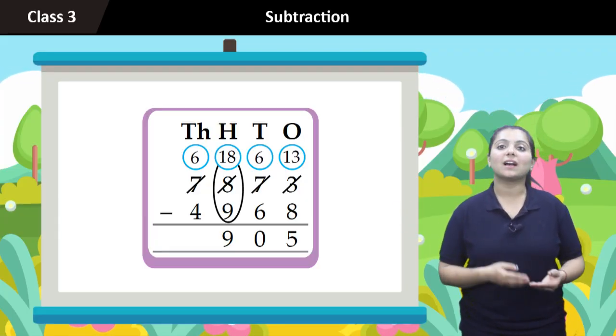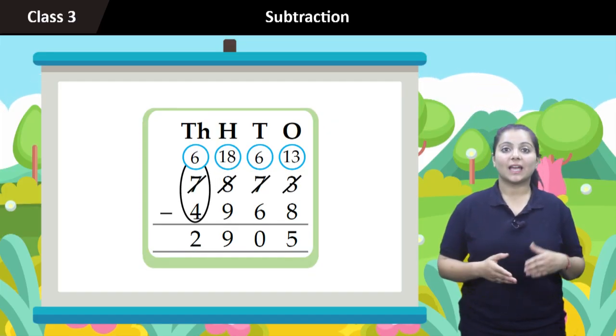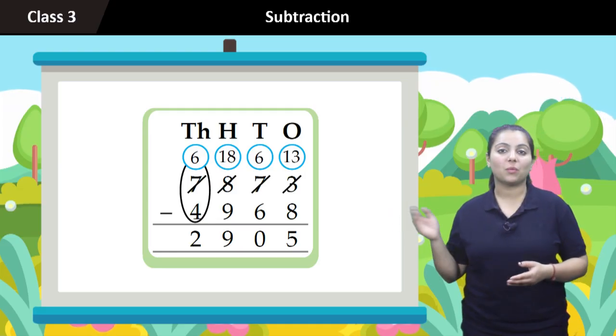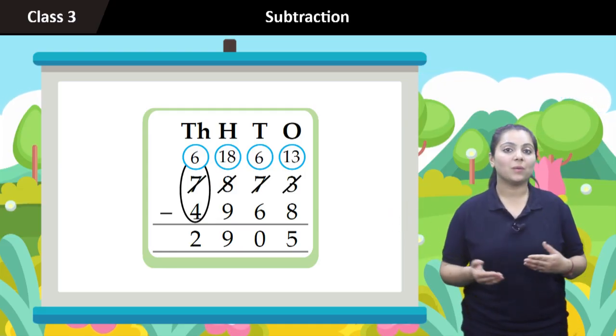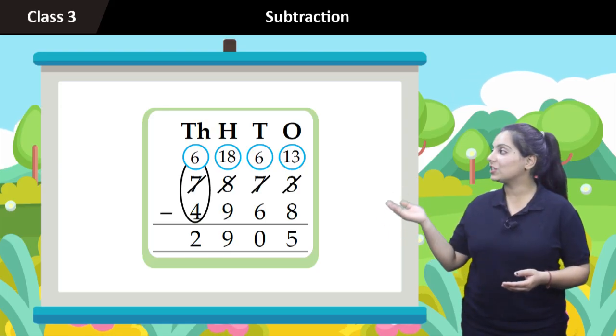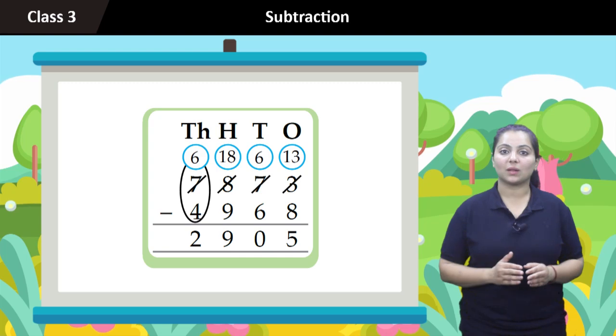Write 9 under the hundreds column. Subtract the thousands. In the thousands column, 6 thousands are left after borrowing. Now 6 thousands minus 4 thousands is equal to 2 thousands. Write 2 under the thousands column.